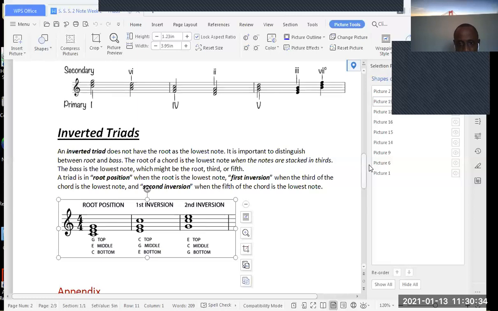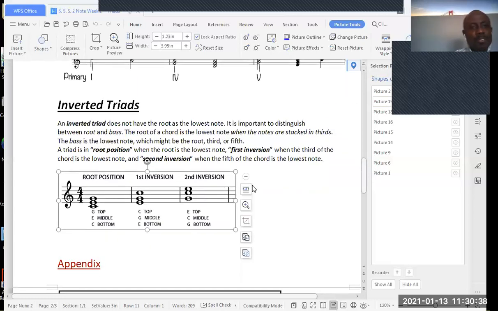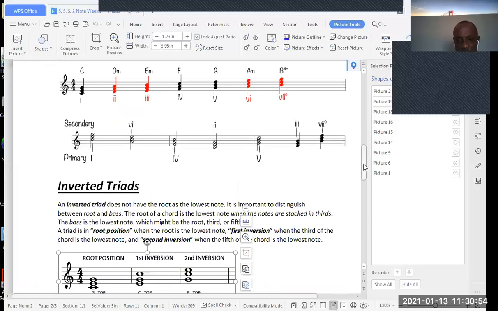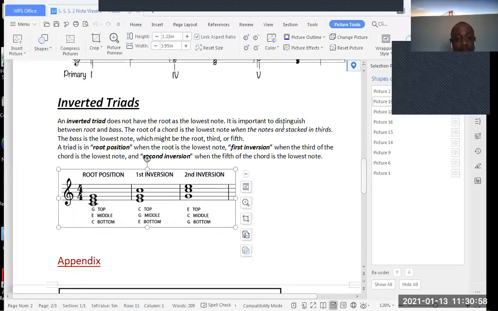So that is that about inverted triads. Apart from inverting chord 1, we can invert chord 4, and we can invert chord 5. So any of those chords can be inverted. And when it is inverted, it enables you to play your chord on the keyboard easily, without having to lift your hand when you are playing.